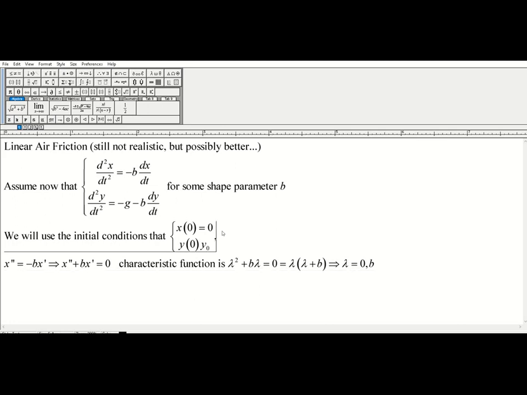And similarly, we can do this again with x prime and y prime. So x prime at 0, y prime at 0. Our initial condition on the derivative is going to be v naught cosine theta, and this one's going to be v naught sine theta, right? Okay.